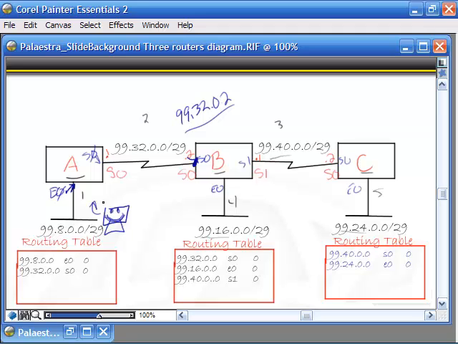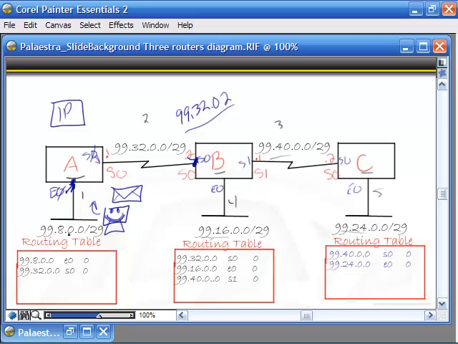Because if I send out a hello to that router from this guy, he realizes that 99.32.0.2 is not local, so he packages it up to go to the destination of the Ethernet 0 interface on router A.